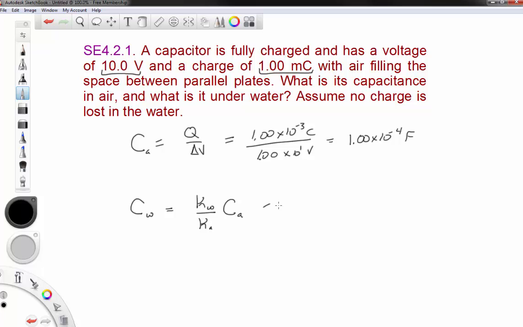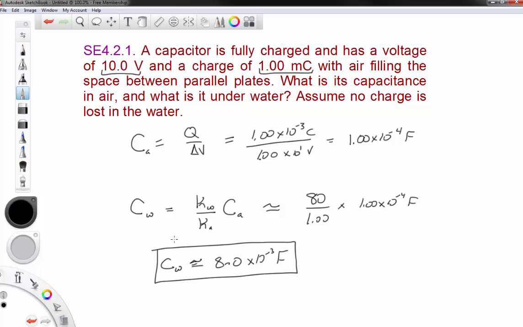So this is approximately equal to 80 over 1.00 times 1.00 times 10 to the minus 4 farads. And so the capacitance in water would be approximately 8 times 10 to the minus 3 farads, or 8.0 millifarads.